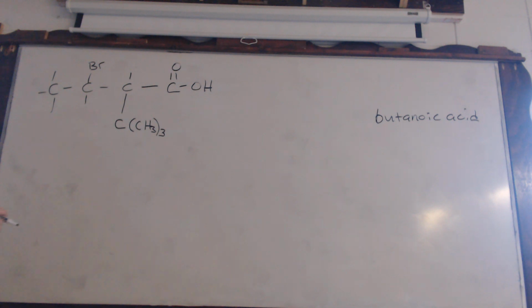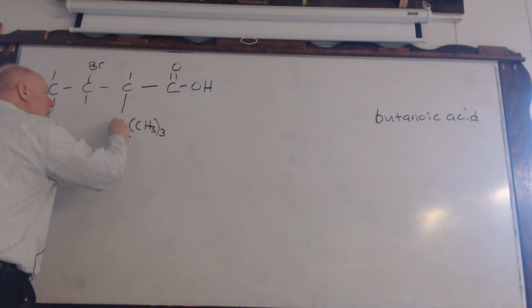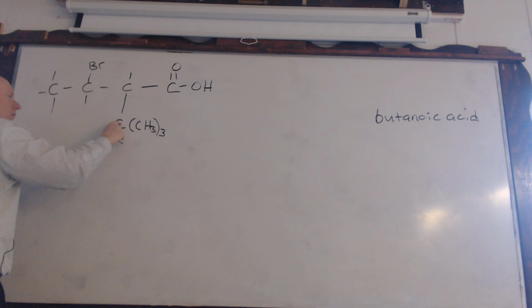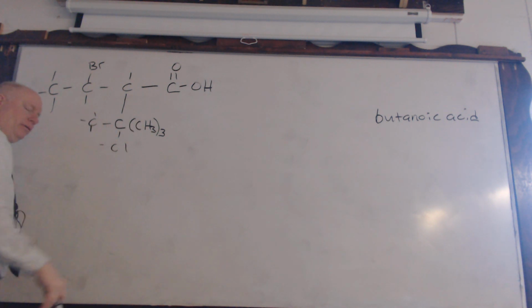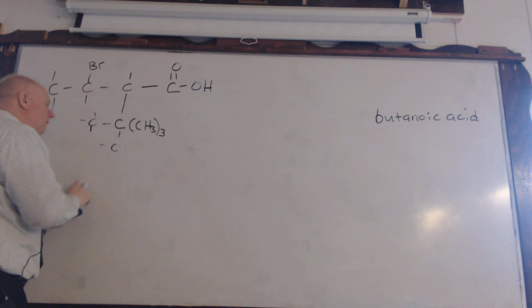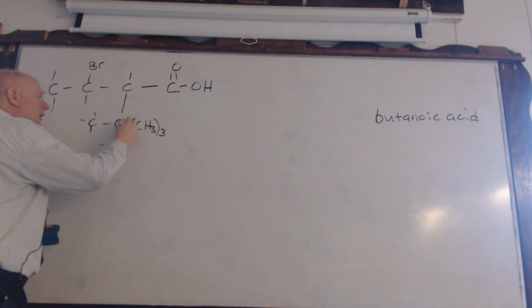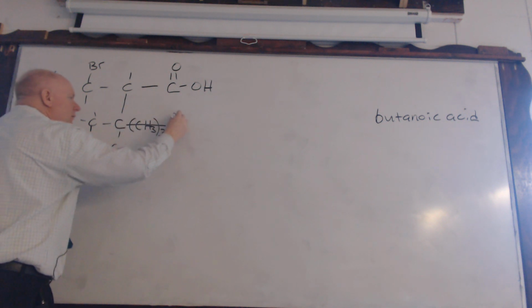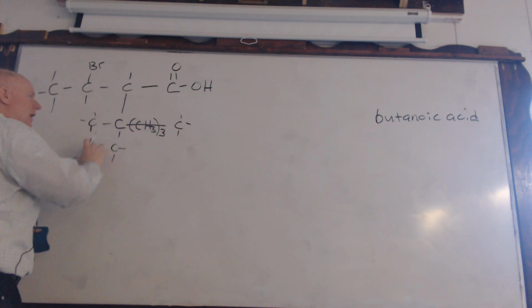And really all you're doing is this carbon is surrounded by how many methyl groups? Right. So you could do this, as long as you do it right. And then just put a line through there. Okay, now we've got the same thing.